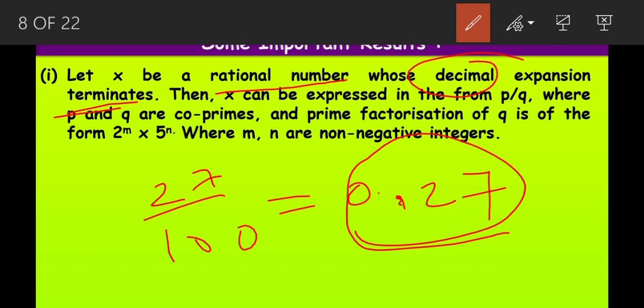This terminating decimal 0.27 can be expressed in the form of p by q, like 27 by 100, where p and q are co-primes.